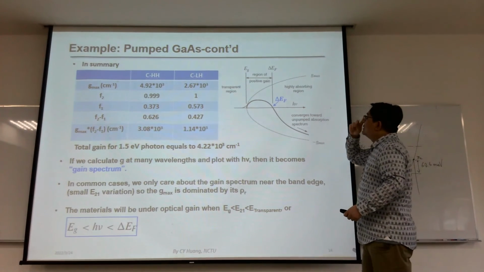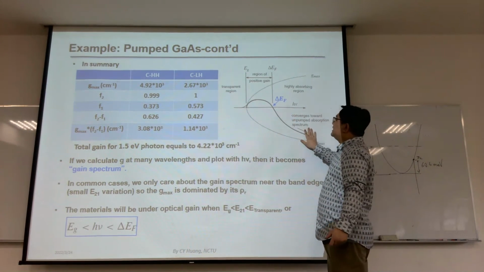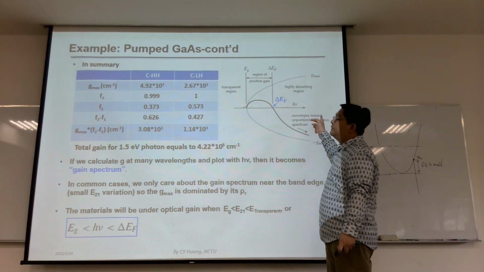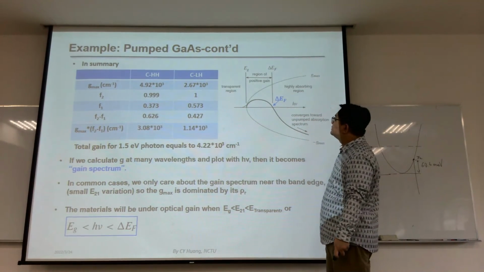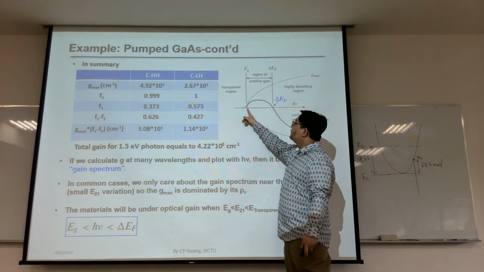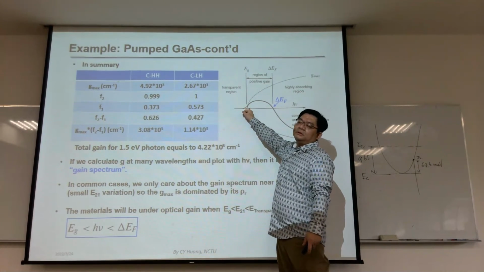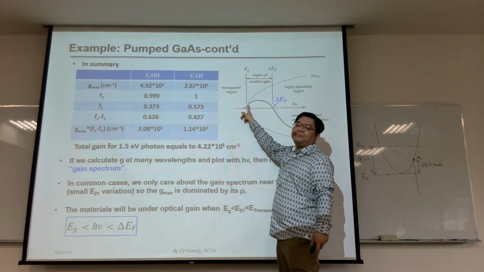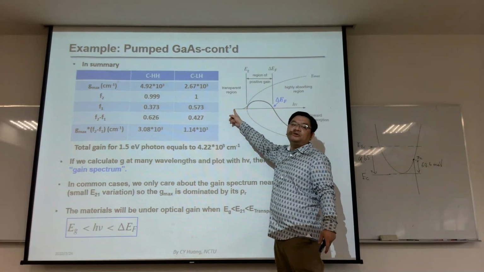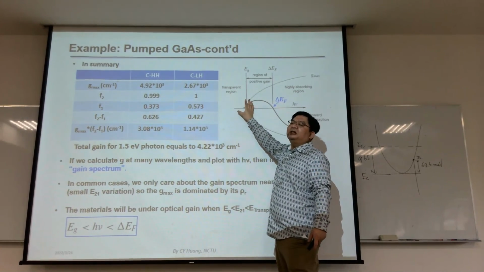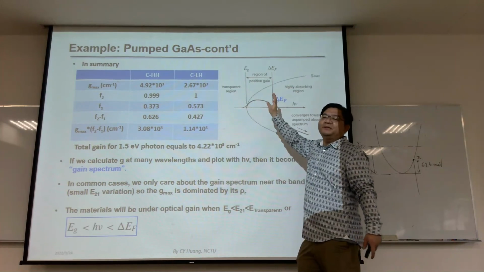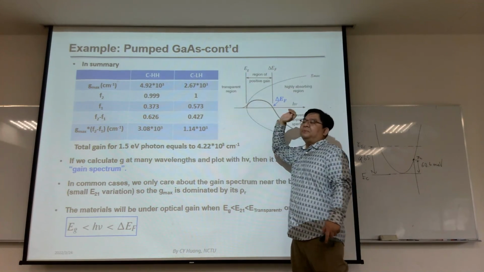Okay. So this is a schematic figure of the gain spectrum function. For light with photon energy smaller than Eg, the density of state is 0 because there's no allowed state between that.